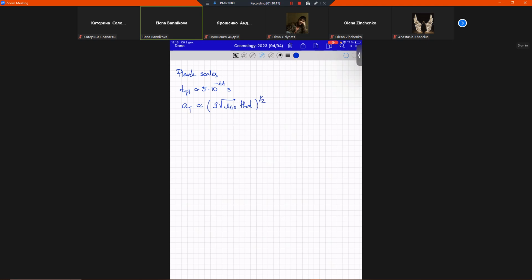If we want to calculate for the Planck scale, we need to put here a_Planck. We have everything: omega r0, H0, t_Planck, the Planck time. If you put it in, you will obtain approximately 10 to the minus 32.